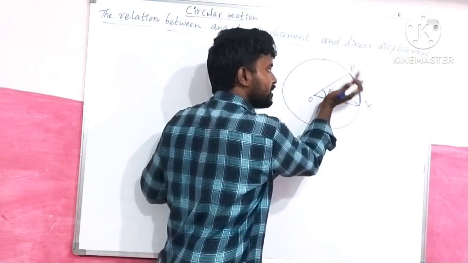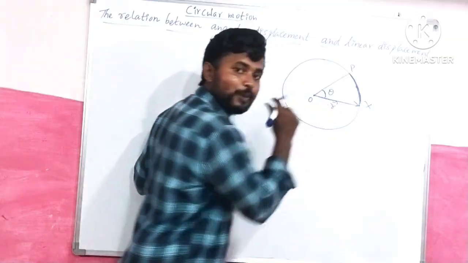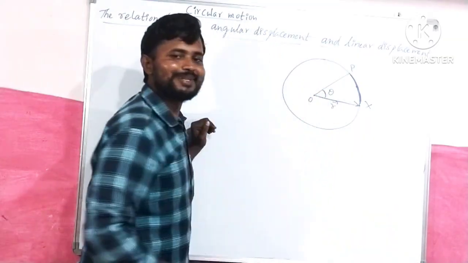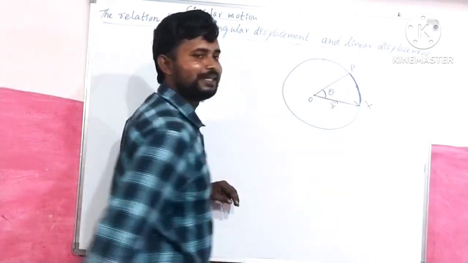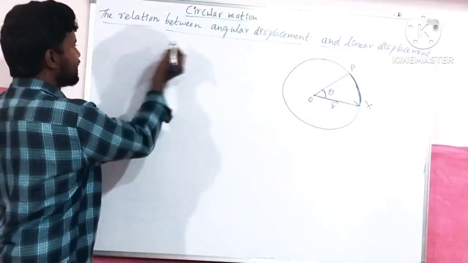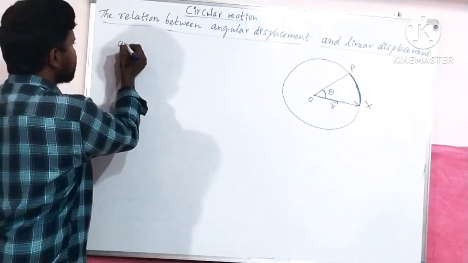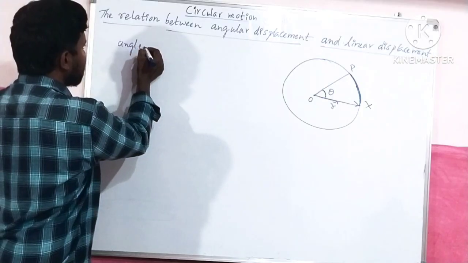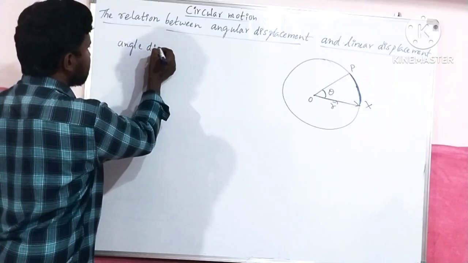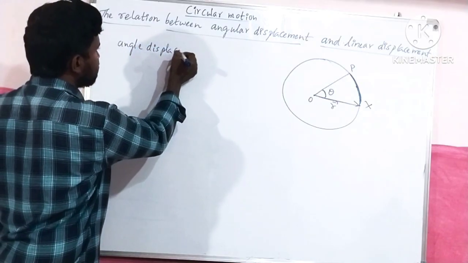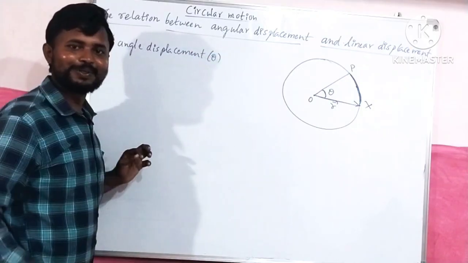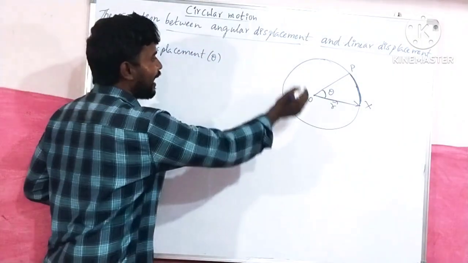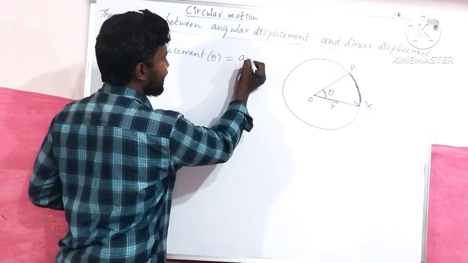When a body moves in a circular path, it has both angular displacement as well as linear displacement. Angular displacement theta equals arc length by radius.